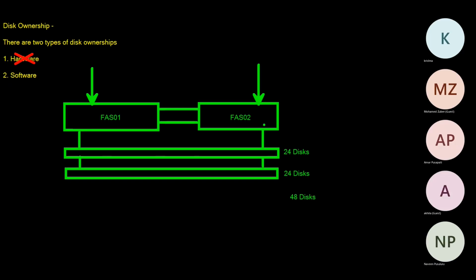But how to decide which controller can use them, right? We need to put something, because both the controllers are able to see the disks and they can utilize them. But how to decide which controller has to, because a single disk cannot be used on both the controllers if it is a non-ADP disk.